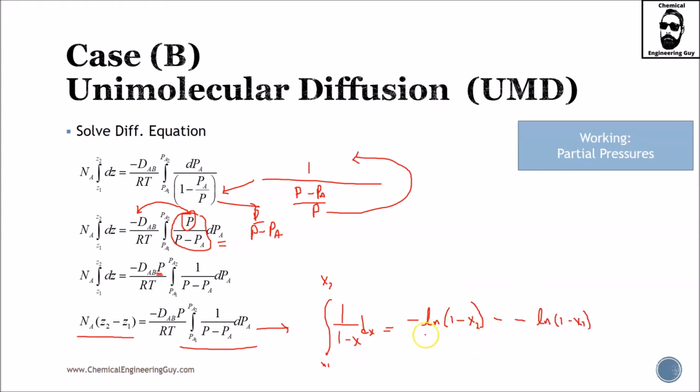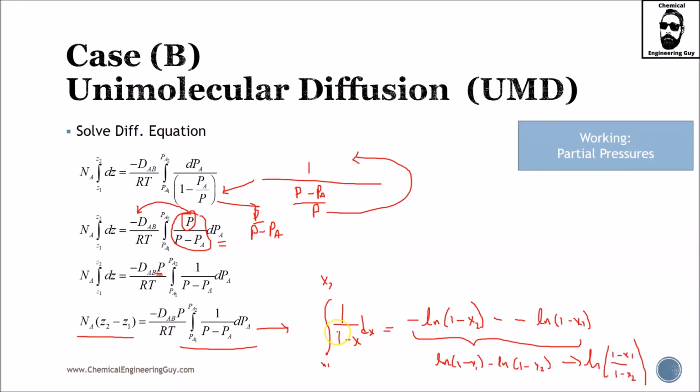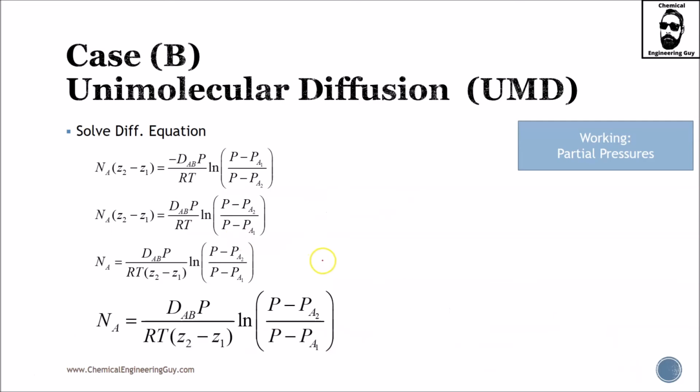So technically speaking, we get something like this: ln 1 minus x1 minus ln 1 minus x2, which we know using natural logarithm rules is equal to ln of 1 minus x1 over 1 minus x2. Positives remain on the top, negatives remain on the bottom, which is right here. Of course, I was using 1. If this is P, then this becomes P, P, P, P. And because we're not talking about X, we're talking about P, it's partial pressure 1 and 2. So that's why 1 is on the top and 2 on the bottom.